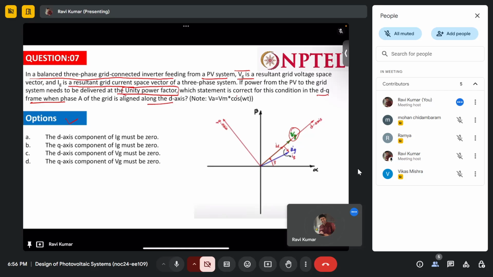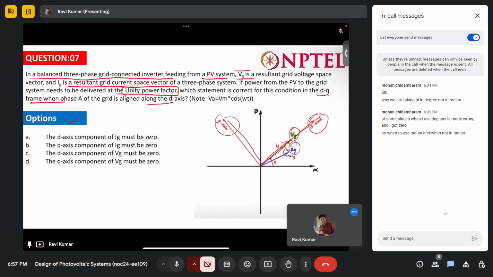If this is a DQ frame system, and VG is aligned with this D axis, and let's say I is here, to be maximum, this I needs to be maximum towards this D axis. So the component towards the Q axis should be 0.